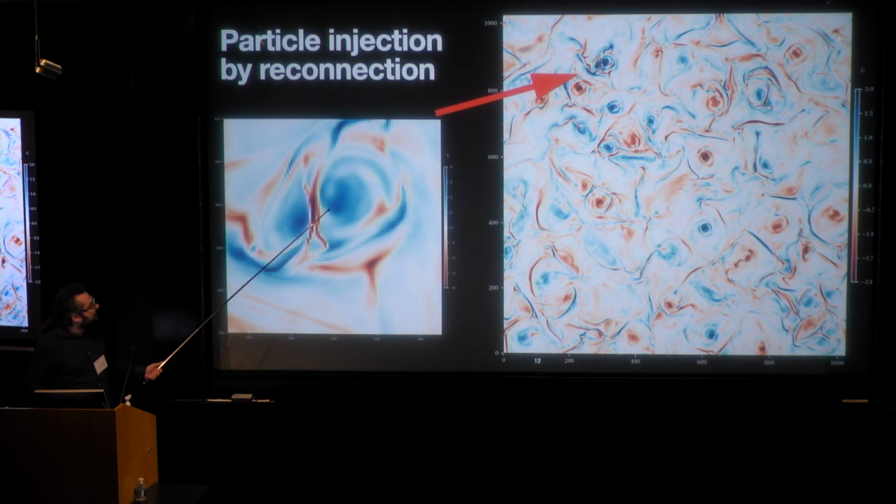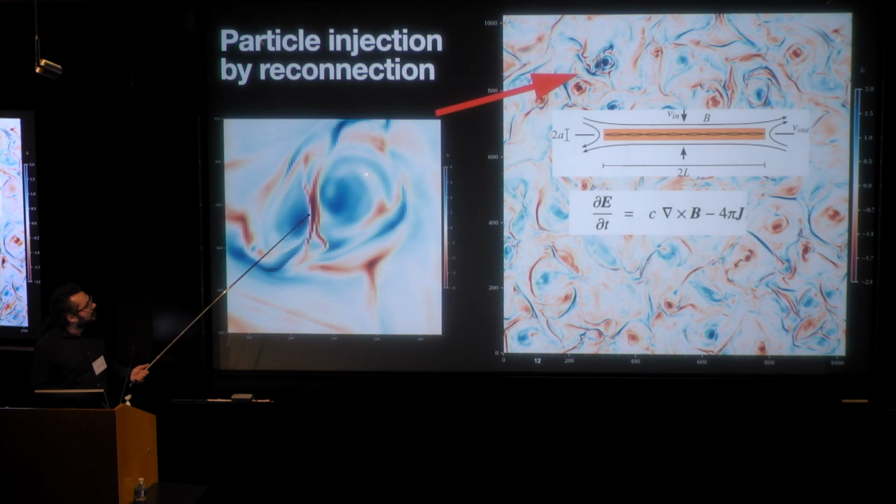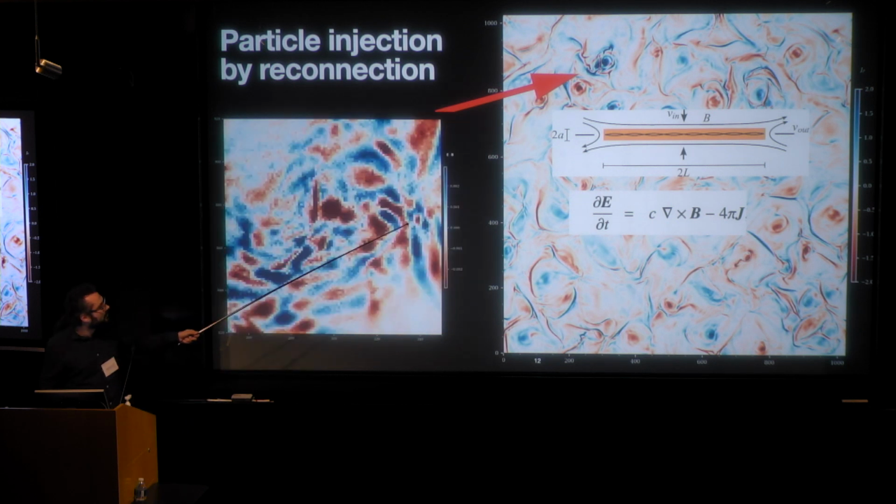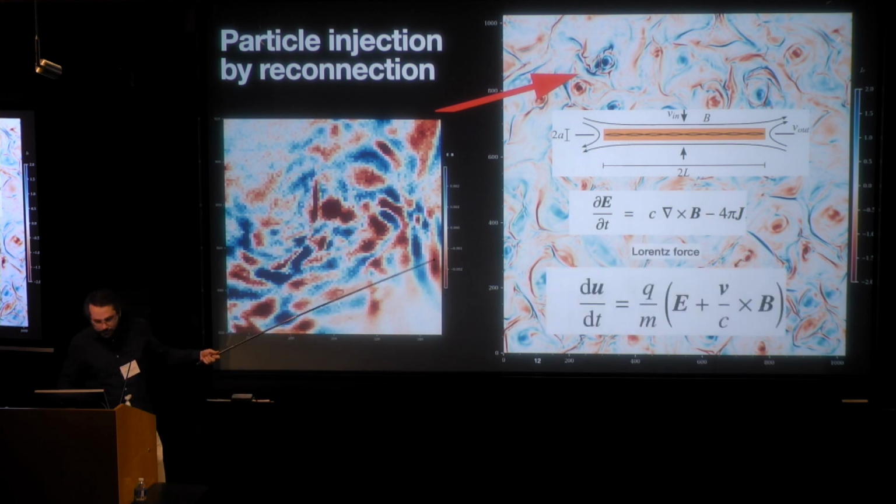If the particle is lucky and gets here into the area of magnetic reconnection in this current sheet, the current creates the electric field. If we plot the same region but the electric field projected onto the magnetic field, we see a strong electric field that can accelerate our particle along this electric field until it leaves this reconnection region. And that's how the particles are so-called injected into the turbulence.